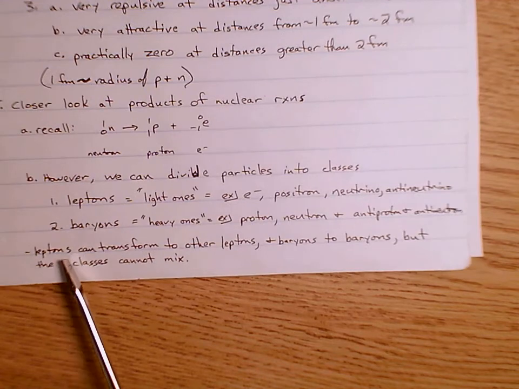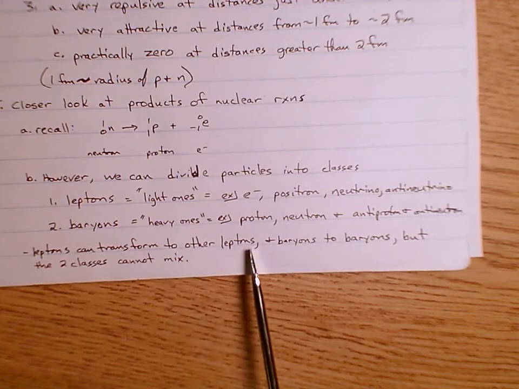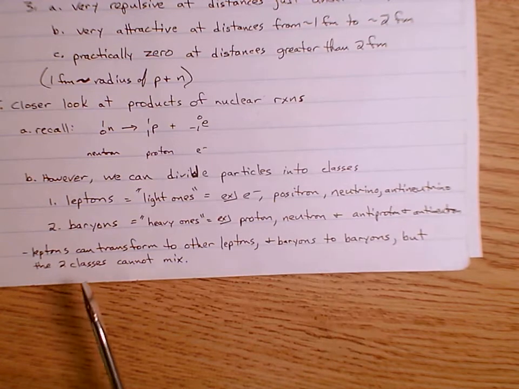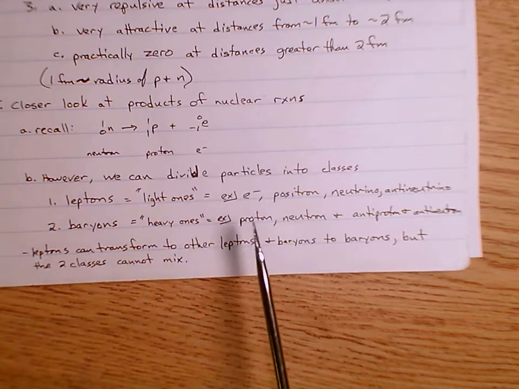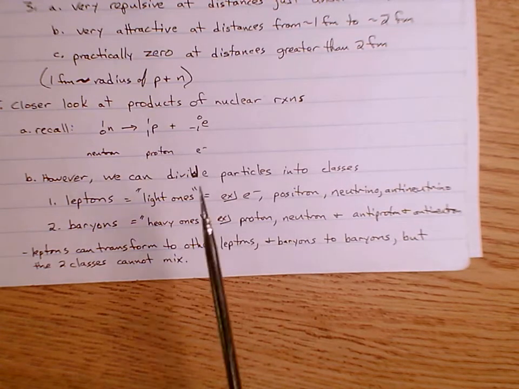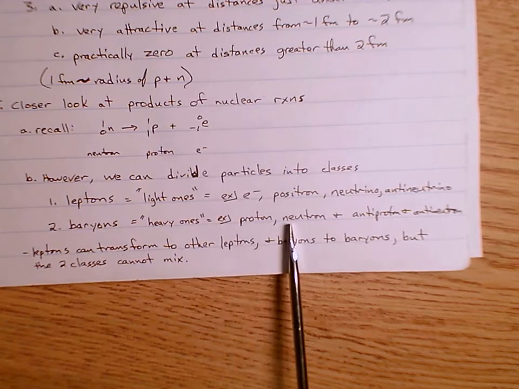Okay, leptons can transform into other leptons, and baryons can transform into other baryons, but you cannot change a baryon into a lepton, meaning a proton cannot become a beta particle. A neutron cannot turn into an electron or a positron. A proton can turn into a neutron.